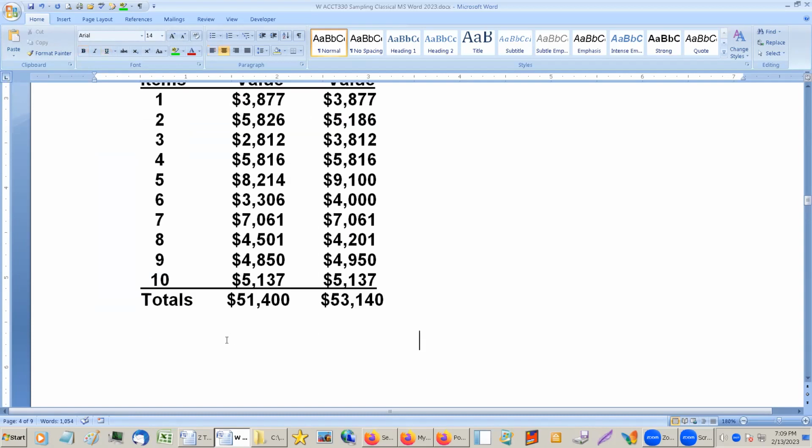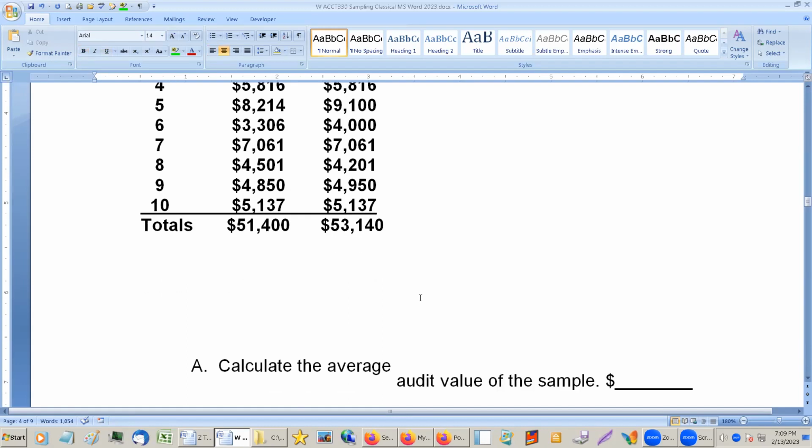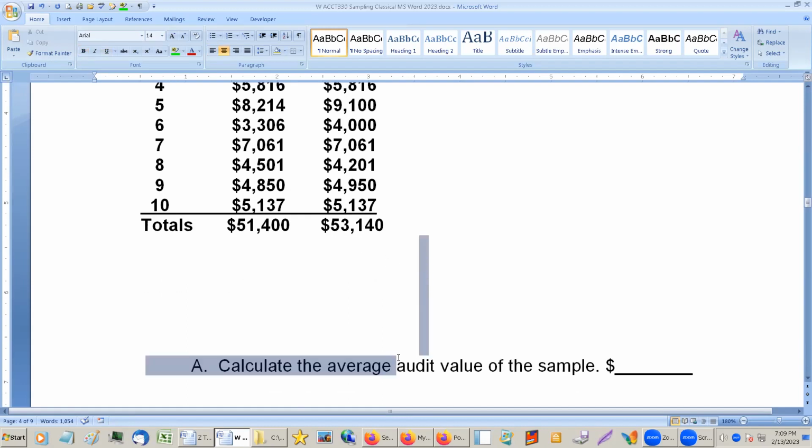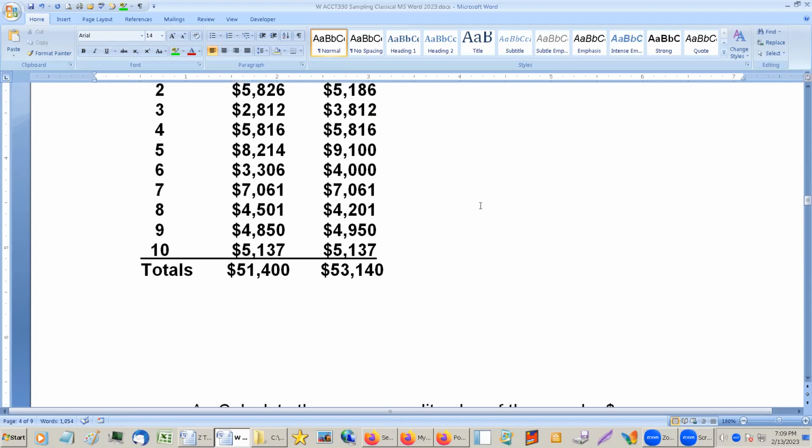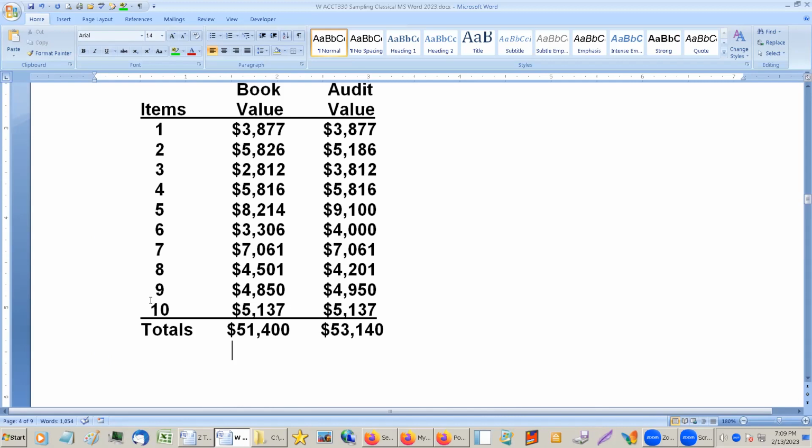And so we're going to get an average. Right. Okay, so to get an average, we're going to do what? Divide these by 10.